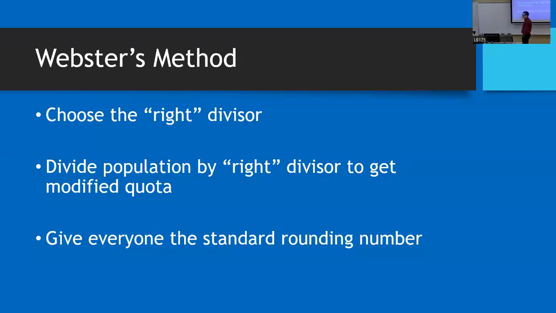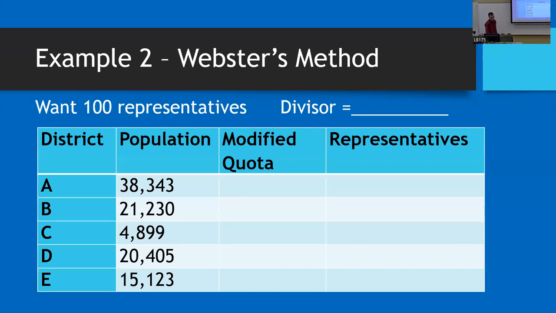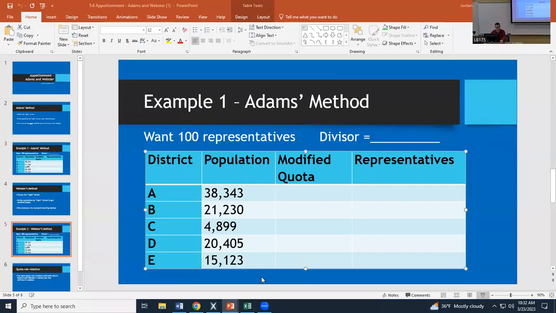So Webster's method is figure out a correct divisor and then do standard rounding. So let's do that same example, but now with Webster's method.